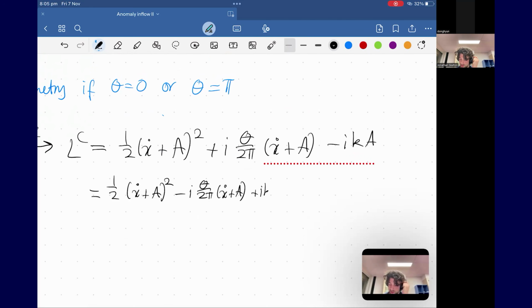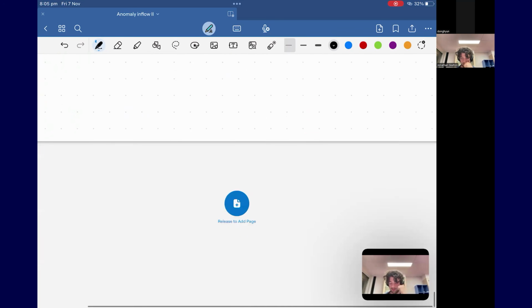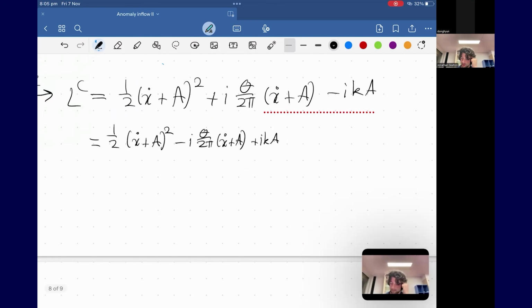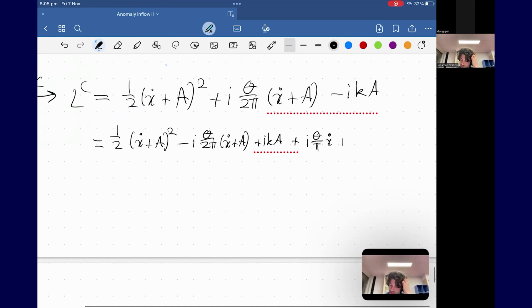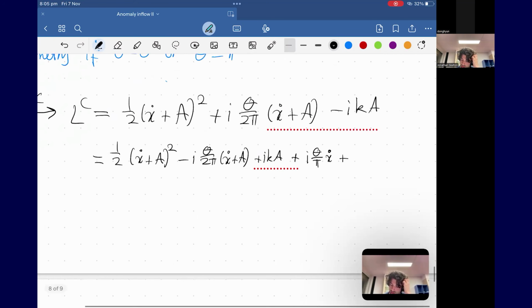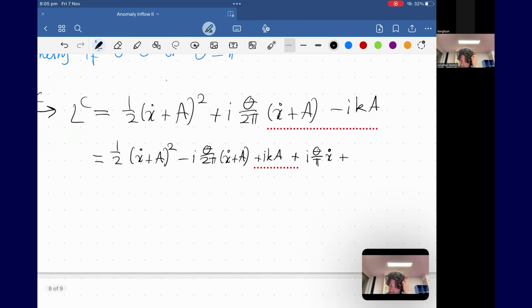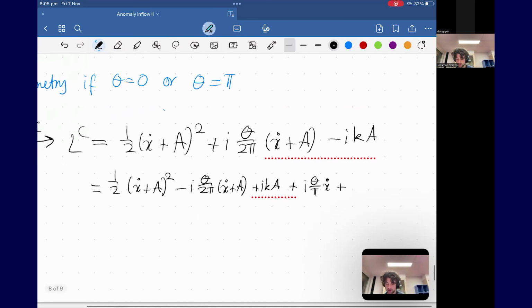Plus, then this is going to be plus i theta on pi x dot, plus, oh, sorry, minus. This one's minus. Oh, no, this one is plus, sorry.